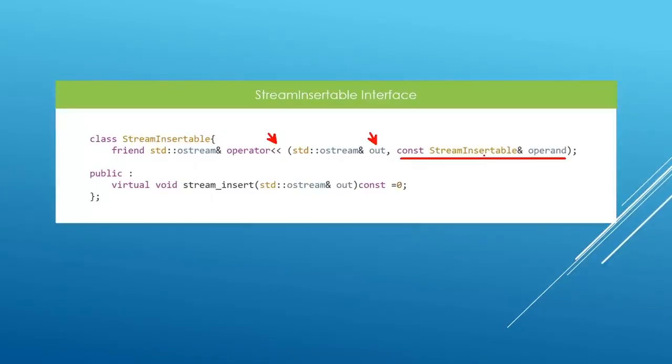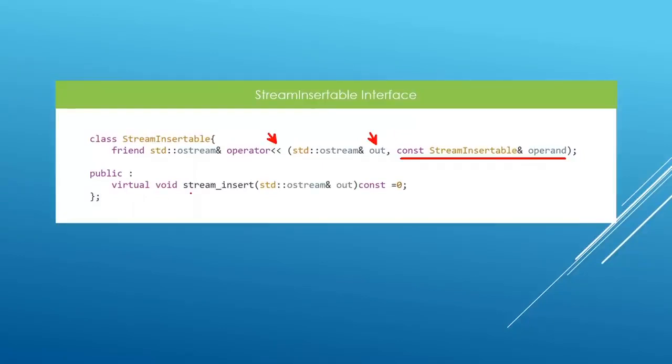But the catch is, we will need to set up a virtual function that will need to be implemented by whoever inherits from our interface here. And this is going to be super powerful. We are going to take over the job to print to the output stream, but we will let inheriting downstream classes specify what we print, and they are going to specify that in this virtual method.